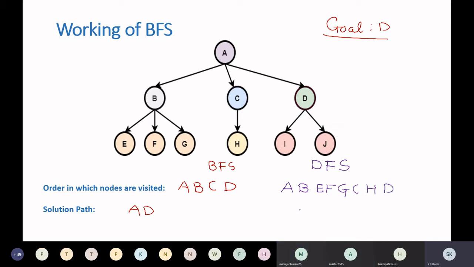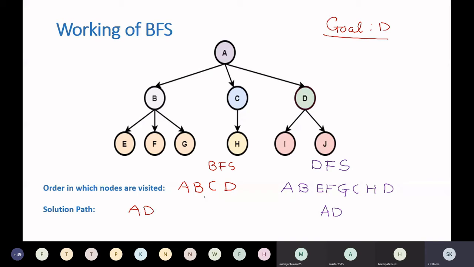And what will be the solution path? Same. A, D. Correct. So even in this case, it will return the same solution path, but the number of nodes visited differs.